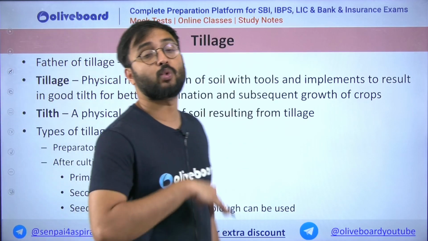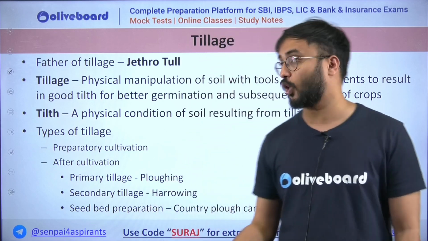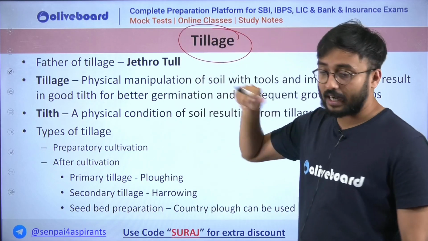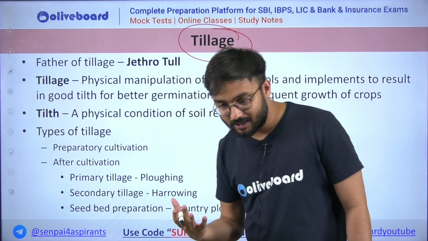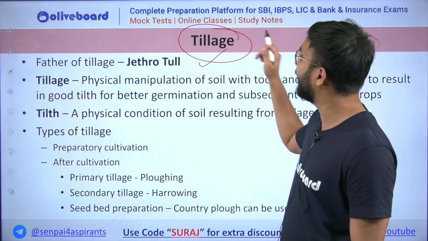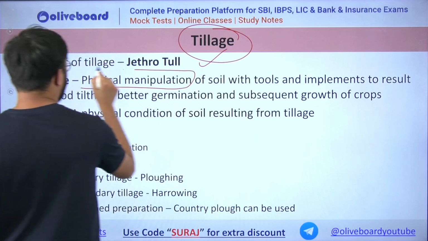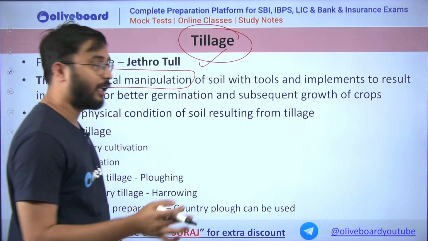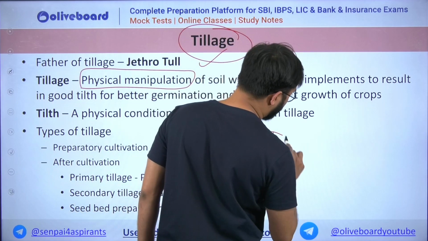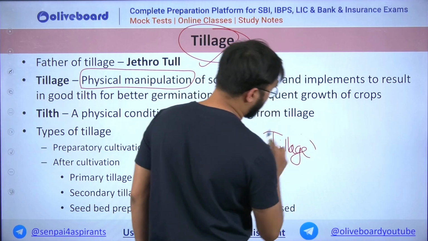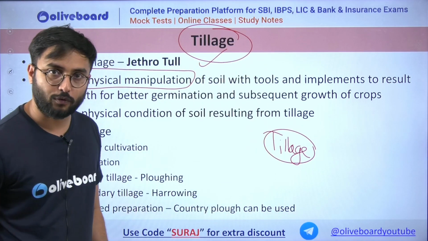Now let's come to the next stage of your preparation of soil, that is tillage. If I try to explain what tillage means, then one thing should be very, very clear. Tillage is nothing but physical manipulation of soil. So whenever someone asks you what tillage means, tillage is nothing but physical manipulation of soil.